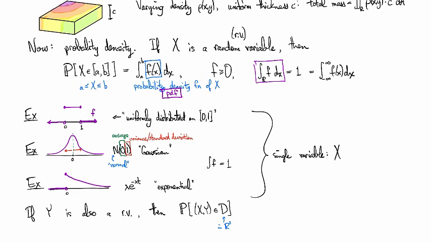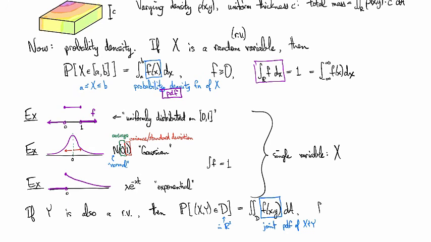So it's like a randomly chosen coordinate in the plane, right? If you throw a dart at the plane, what's the probability that it lands in D? And this is going to be given by the integral over D of some probability density function, which is the joint PDF of x and y. So it kind of governs what they're both doing together.